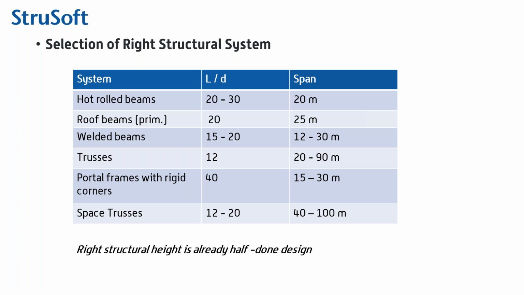One specialty is the portal frames, and they can be really efficient. It takes into account both the tension flange and compression flange of steel frames, and it uses both flanges really effectively. That's why they have such a high span to depth ratio, those portal frames. That's an efficient way to use steel. And the space truss is the same.